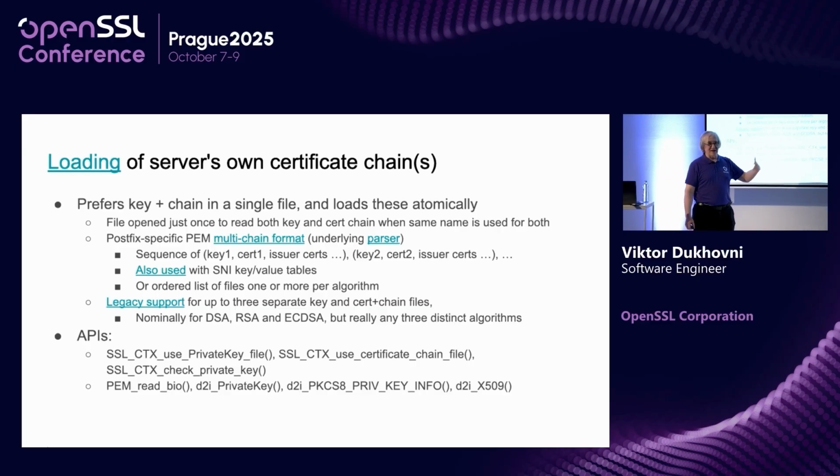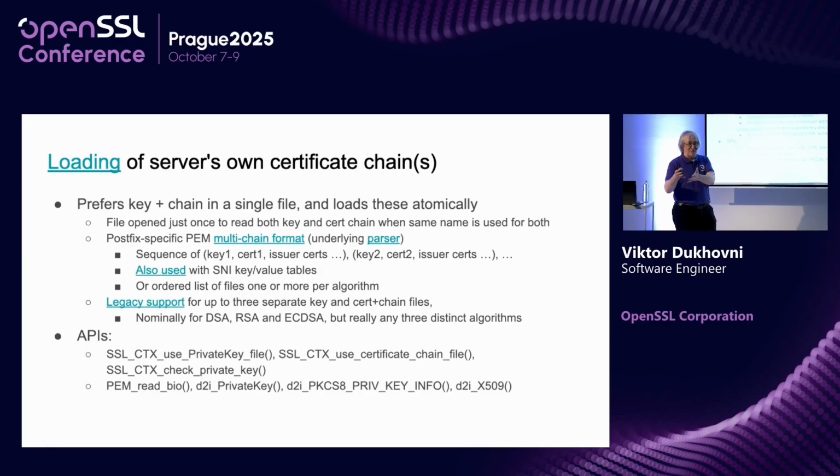But the game gets silly the more algorithms you add, and inventing more application configuration parameters that users have to worry about, one for each new algorithm type, is insane. So Postfix decided that we're going to have just a single parameter that's a list of chains. And we don't care which algorithms are in them.